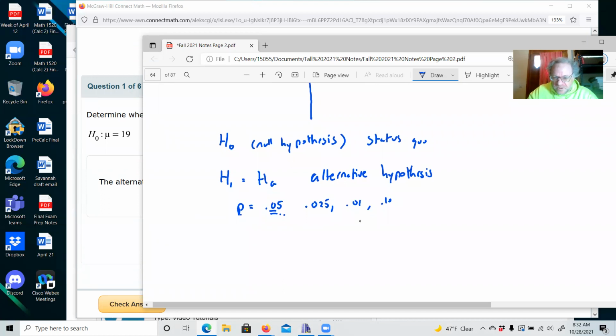So step 1 is we're going to state our hypothesis. Step 2, we're going to note our level of significance, the level of evidence we can have. Step 3, this is going to be the calculator most of the time. You're going to calculate what they call a test statistic.